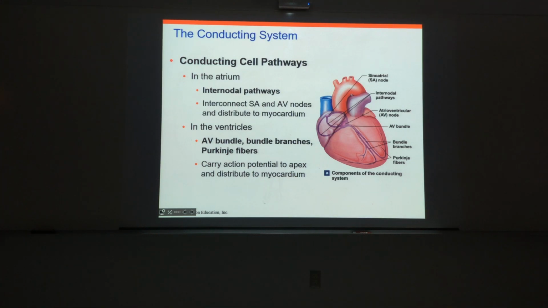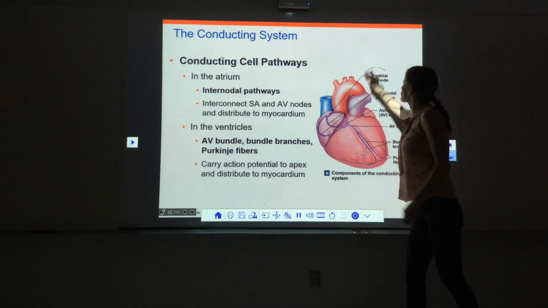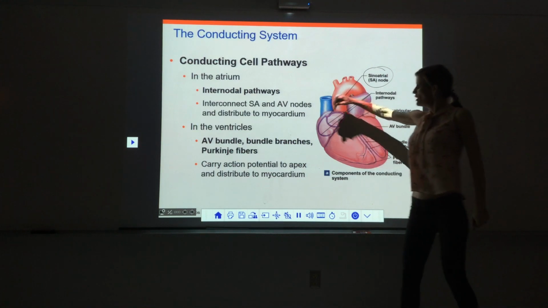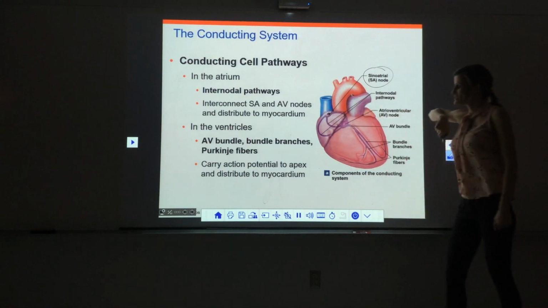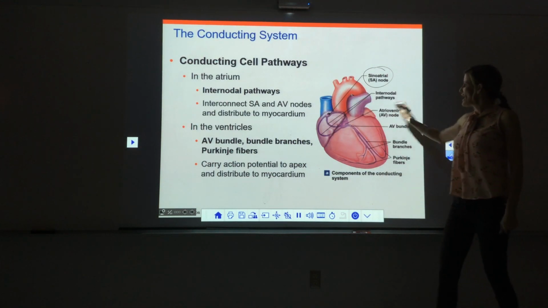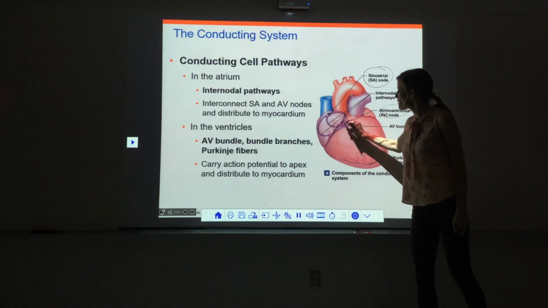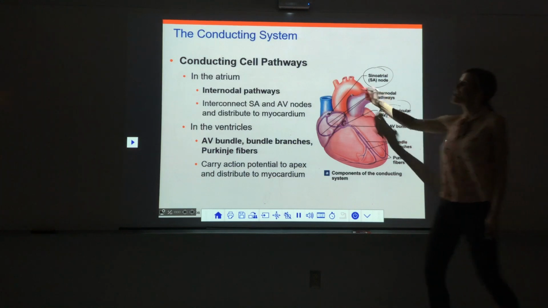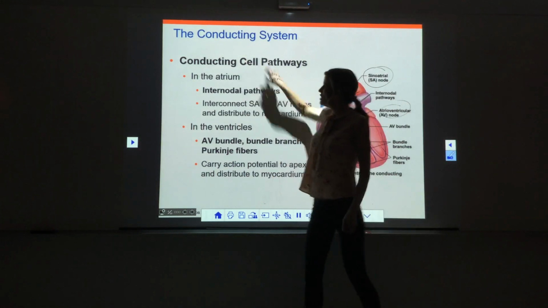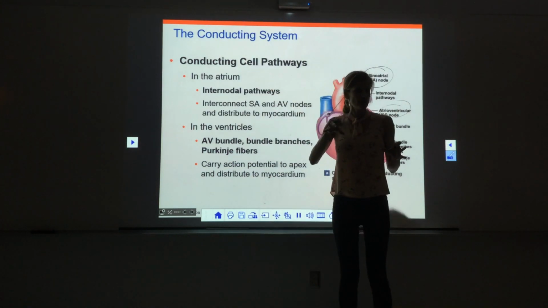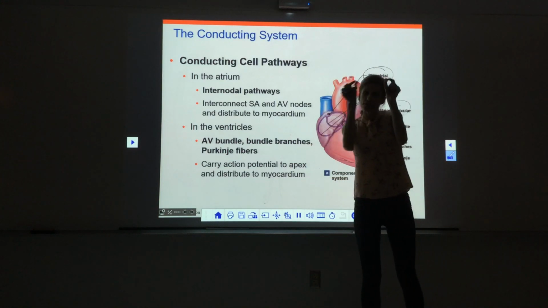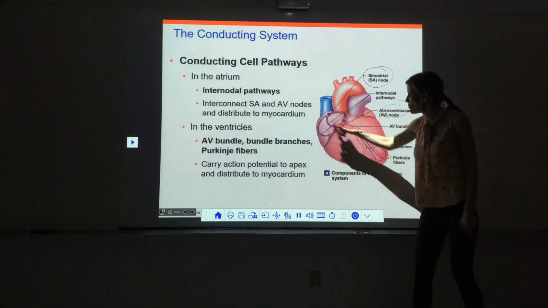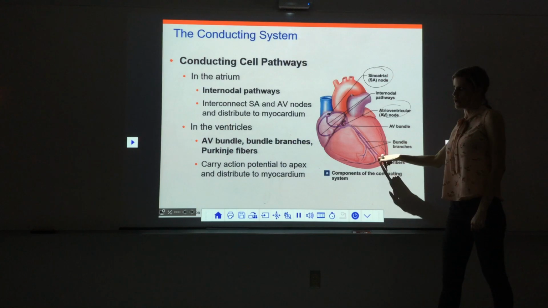I won't get offended. So, the SA node, we said, is up here, the top of the right atrium. The AV node is down here by the floor of the right atrium, right by the septum. Then we have conducting cells arranged in all of these pathways that go throughout the heart.